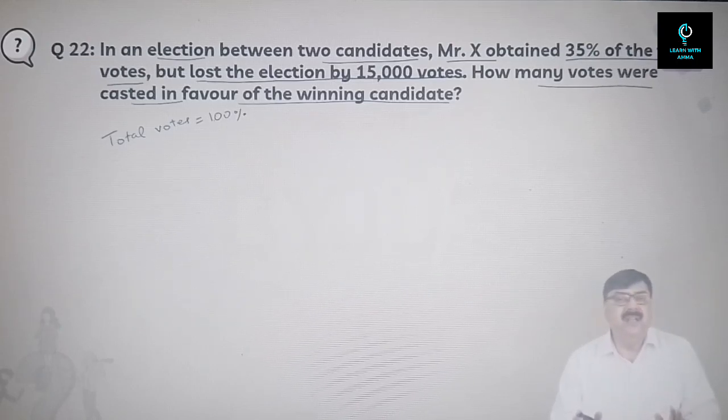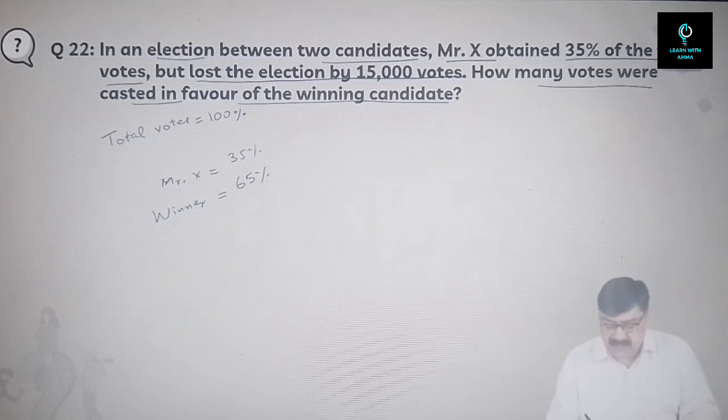Nothing is given here that some people did not vote or some votes were rejected. Now see, Mr. X got how many votes out of these? 35%. So winner must have got how many votes? Remaining 65%. Well, 100 minus 35 is 65.